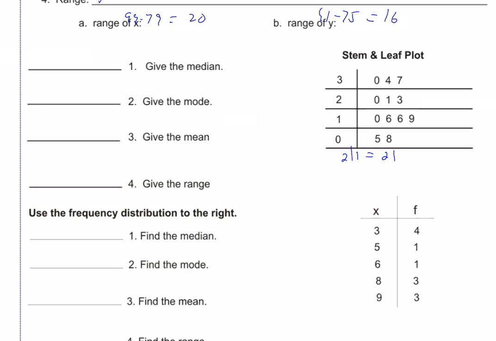I'm not going to take the time to go through median, mode, mean, and range. But again, be careful. How many pieces of data do we have? Let's see. 1, 2, 3, 4, 5, 6, 7, 8, 9, 10, 11, 12. If you wanted the median, you're going to have to average the 6th and 7th piece of data.